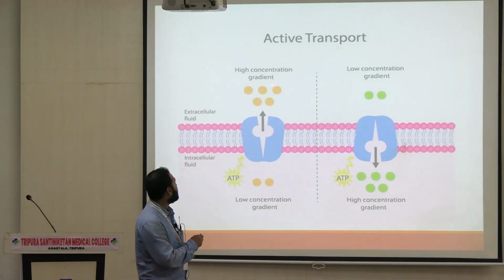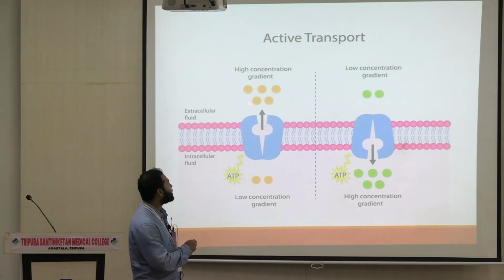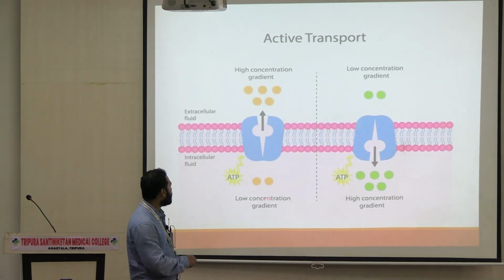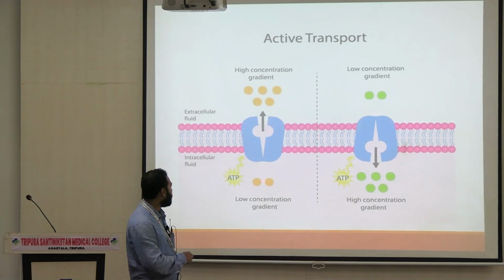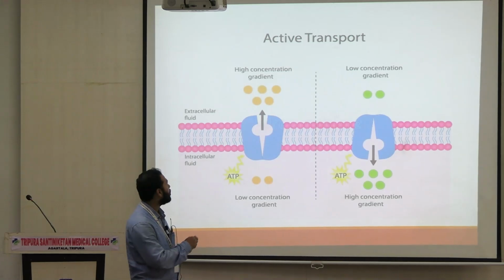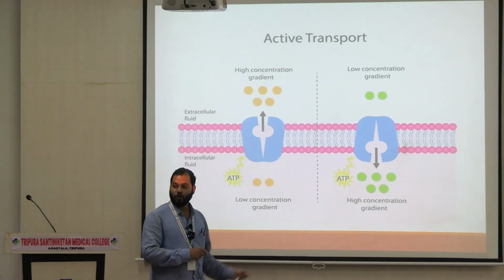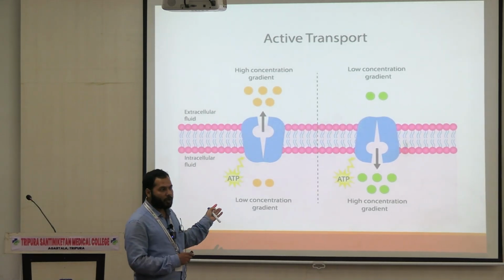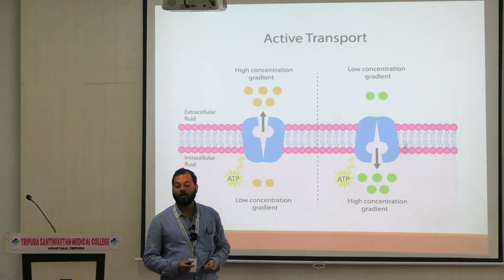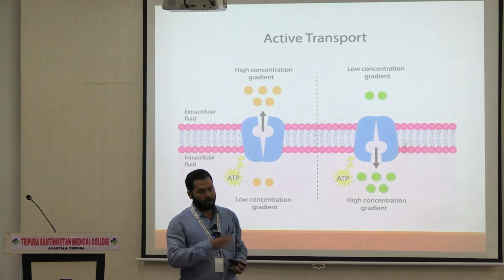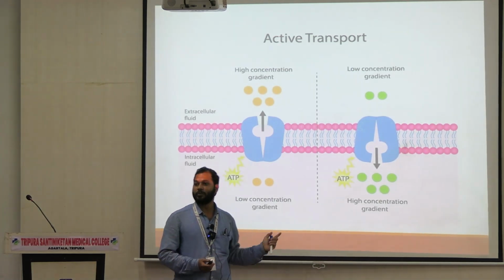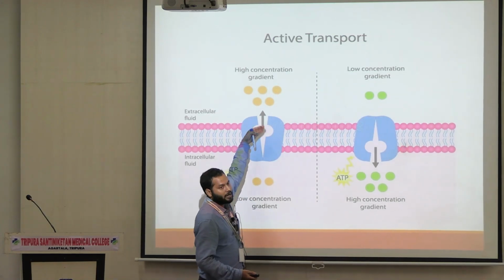Here you can see in this particular case, the extracellular phase contains a higher number of molecules in comparison to the intracellular phase. Still, there is a movement of those molecules using this energy molecule from the intracellular phase to the extracellular phase. So during the transport of those molecules, the protein shows a specific property called conformational change, and that conformational change of the transport protein actually allows the release of those molecules from one side to the other.